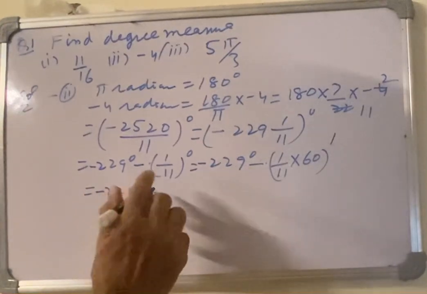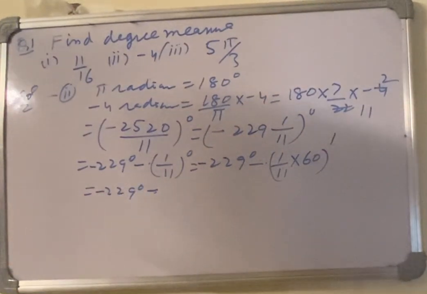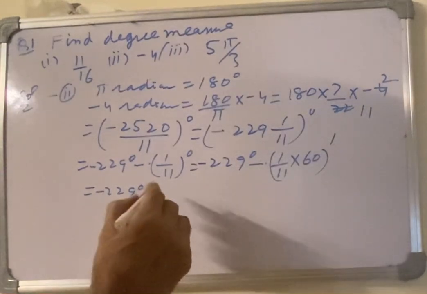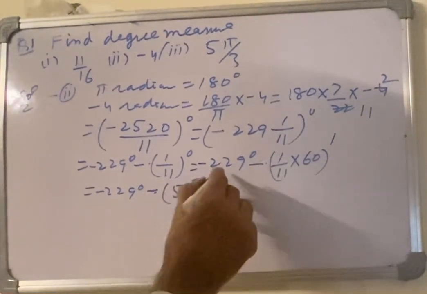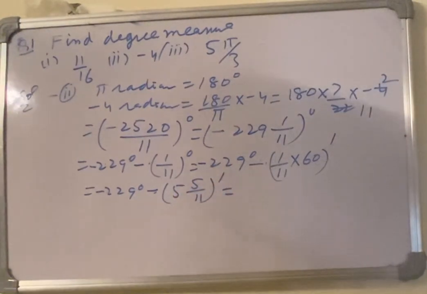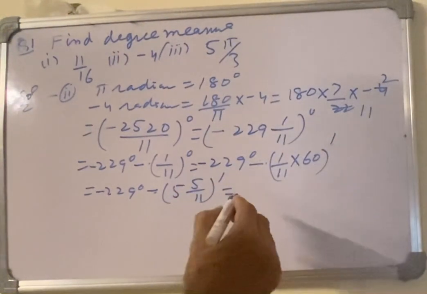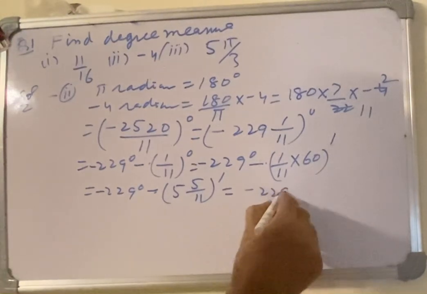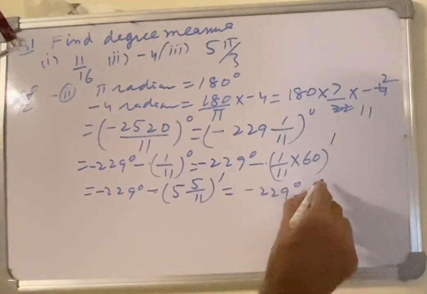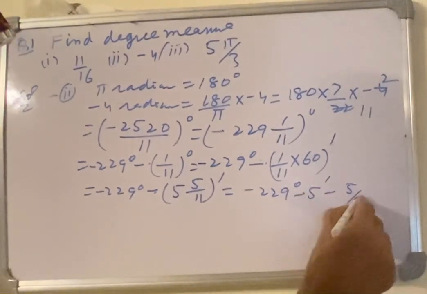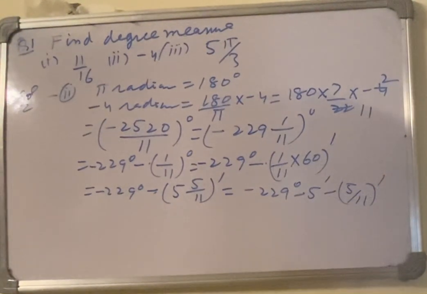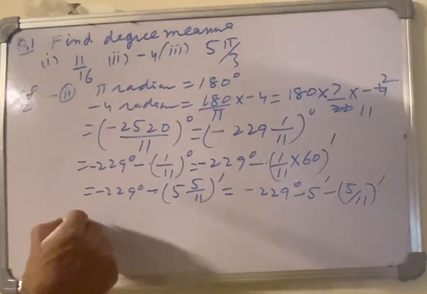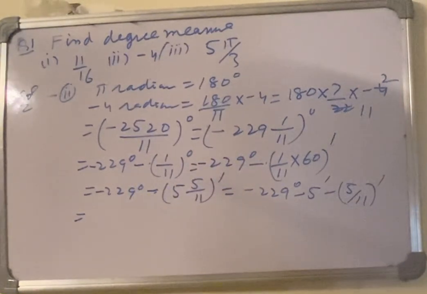Minus 5, 5 by 11 minutes. Again, we shall separate the fractional part. It will be minus 229 degree, minus 5 minutes, minus 5 over 11 minutes. We shall convert this fractional part into seconds by multiplying by 60.